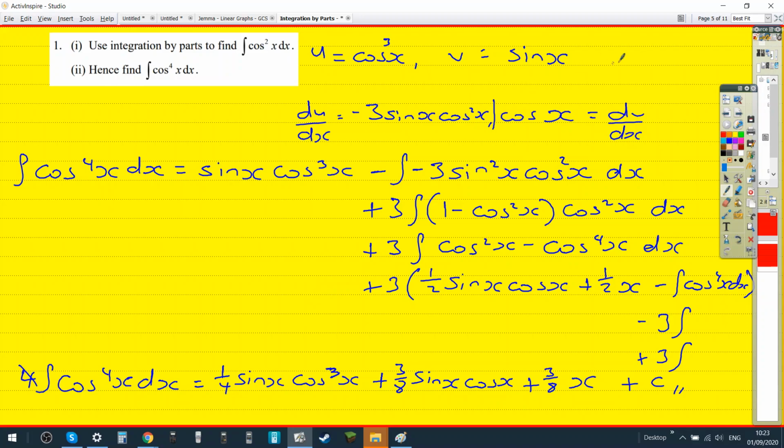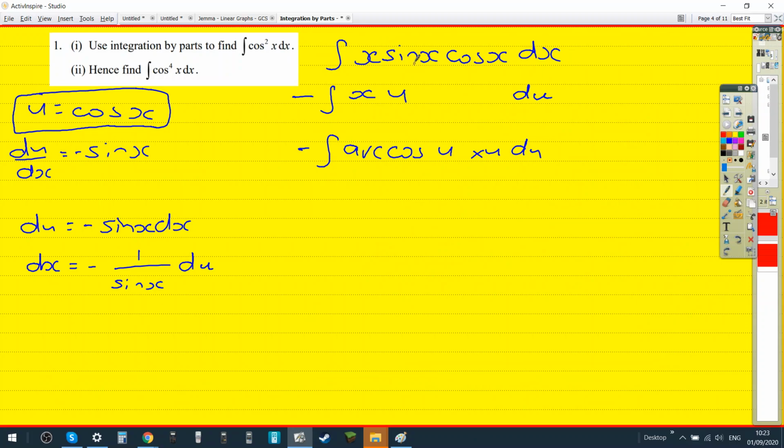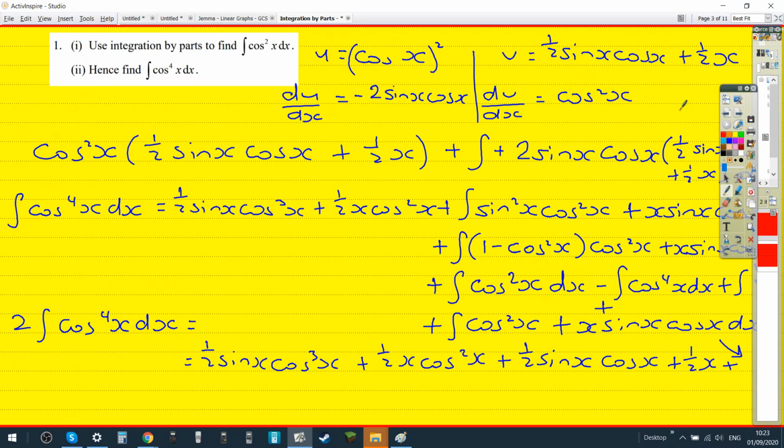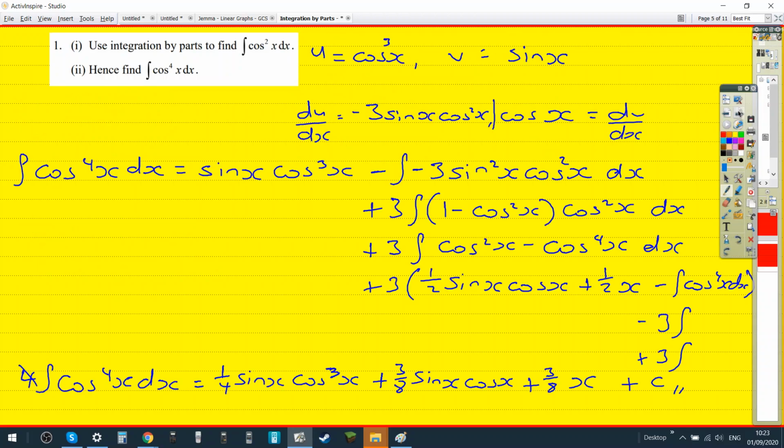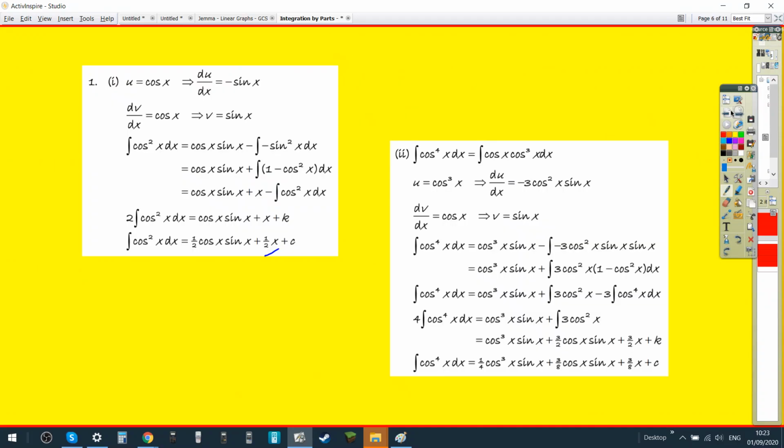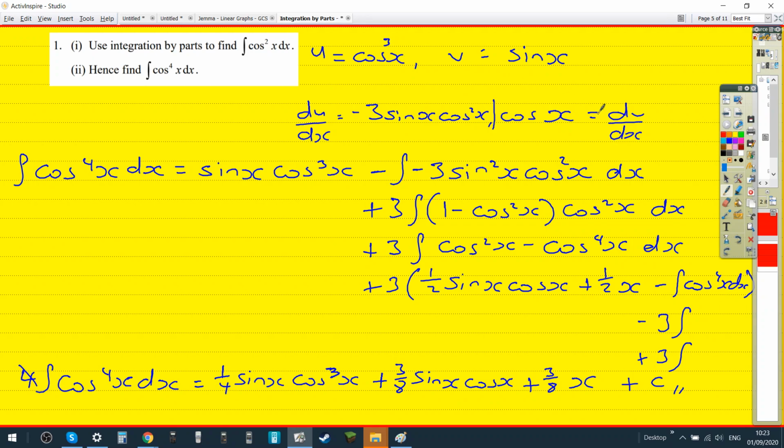I think we kind of tried all possibilities, really. Yeah, because I don't know how you're meant to know what you're meant to split it into. It's usually quite obvious, but it wasn't. I thought initially it'd be cos squared x, cos squared x. Then the second thing we tried was cos x, cos cubed x. And then the third thing we tried was cos cubed x, cos x.